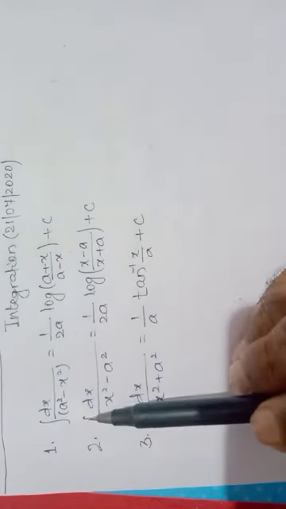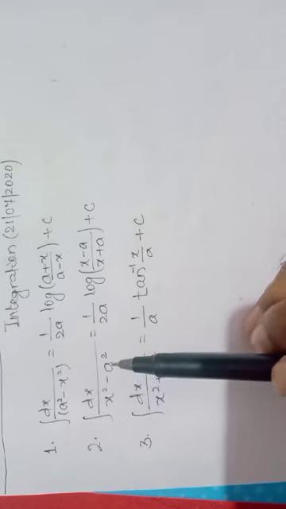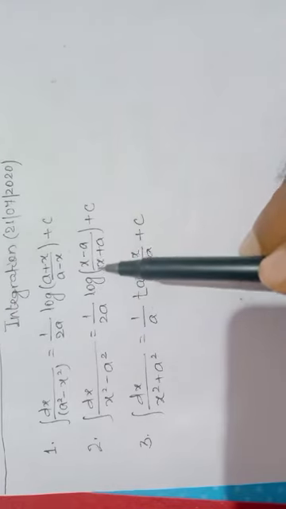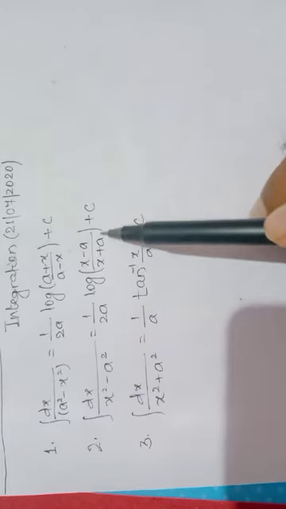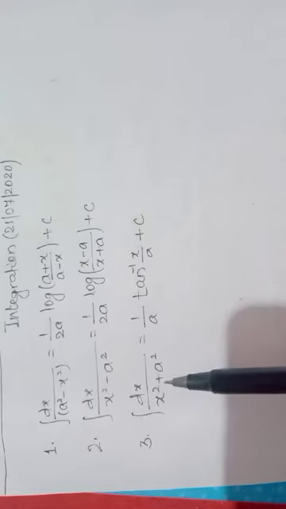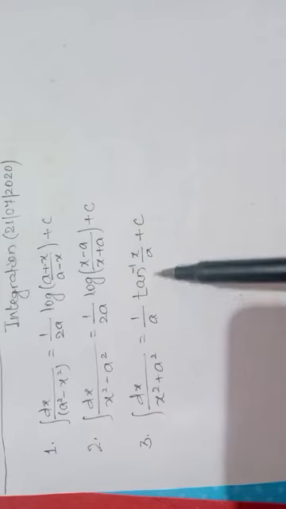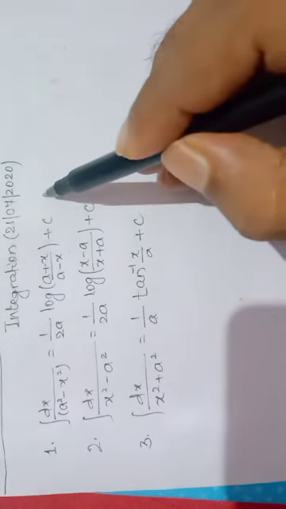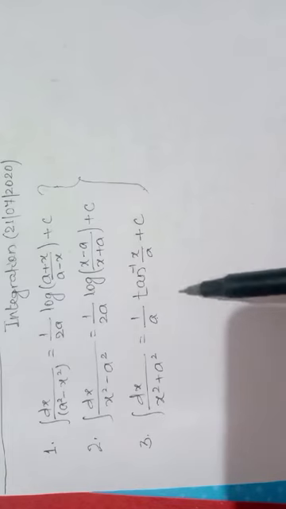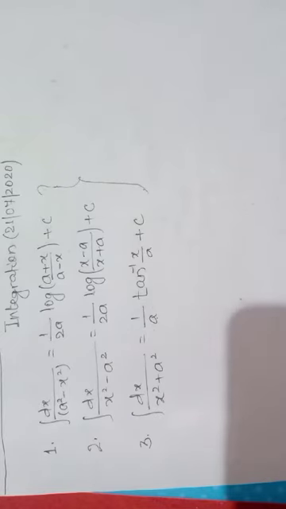Second was integration of 1 upon x square minus a square is 1 upon 2a log of (x minus a) upon (x plus a) plus c. And lastly we have done integration of 1 upon x square plus a square is equal to 1 upon a tan inverse x upon a. So after giving the proof of these identities, we will apply them in the solution of various problems.